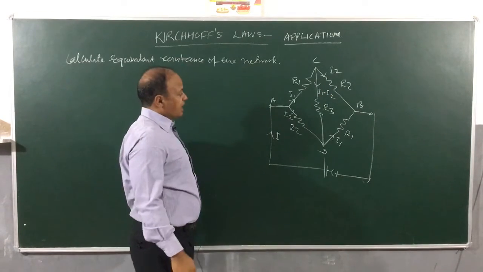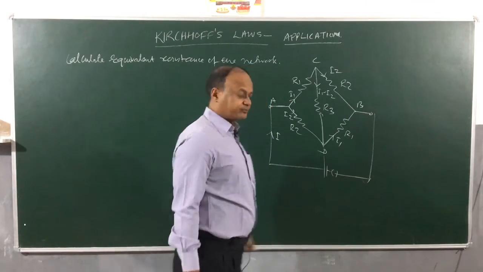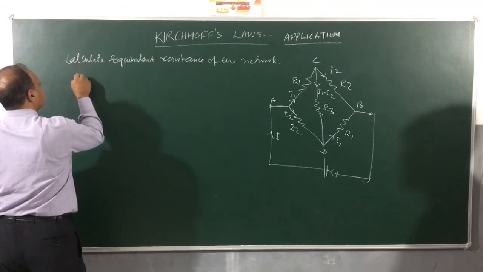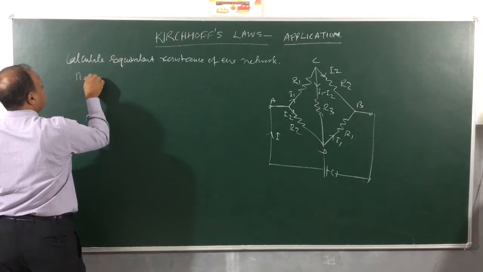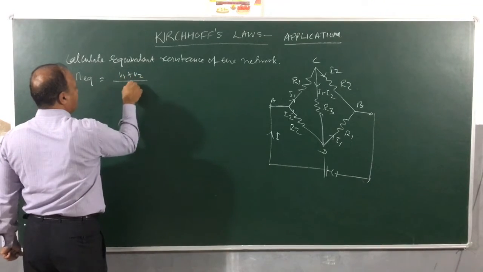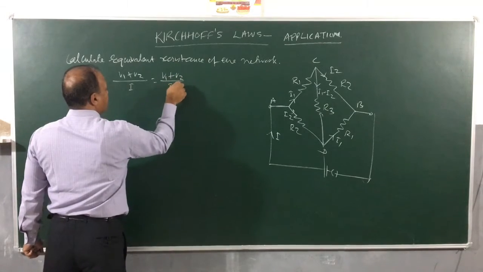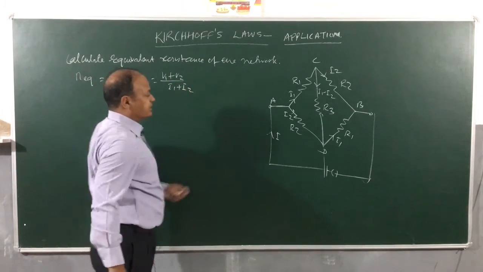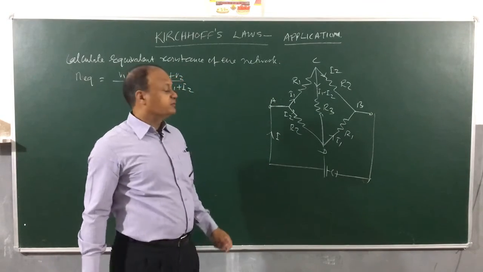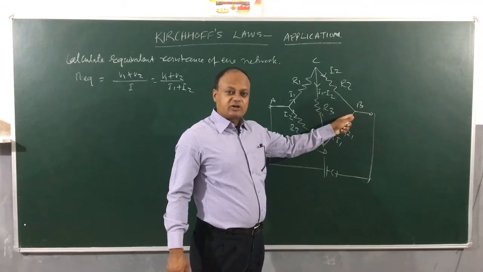Clear? Now I want to find out what is equivalent resistance between points A and B. So what I will do is, I will say here R equivalent is equal to V1 plus V2 divided by I, V1 plus V2 divided by I1 plus I2. You can clearly see that I will be equal to I1 plus I2. Now what is V1 and V2? V1 is potential difference across R1 and V2 is potential difference across R2.